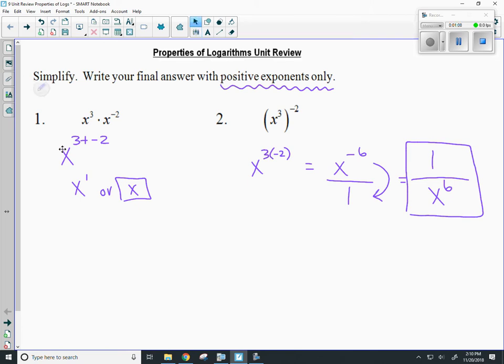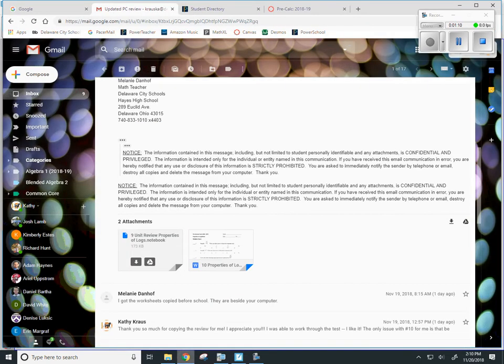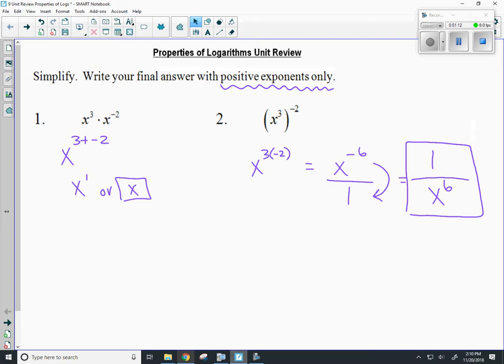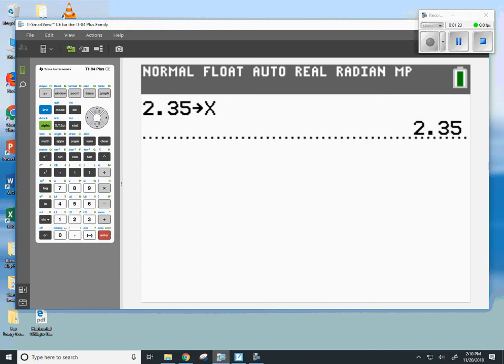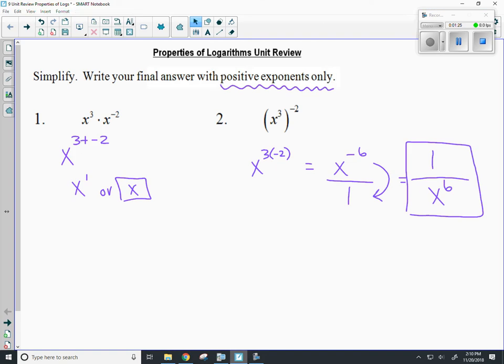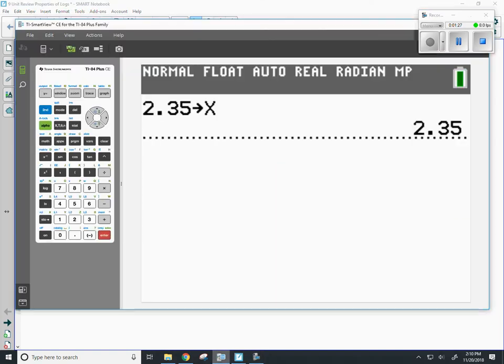And if you wanted to, you could verify your answer using a calculator. You can just store a random number for x. So say I store this for x. And then go back here. Type in the original problem.